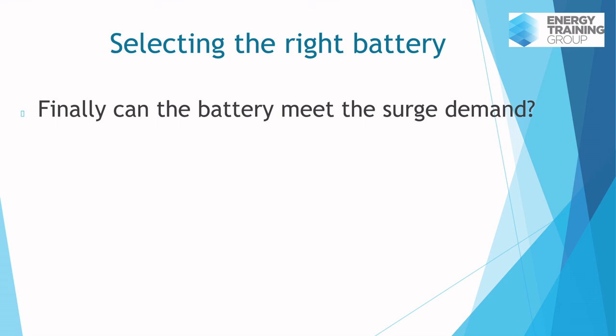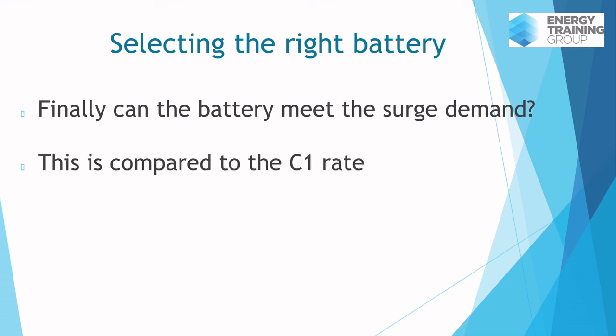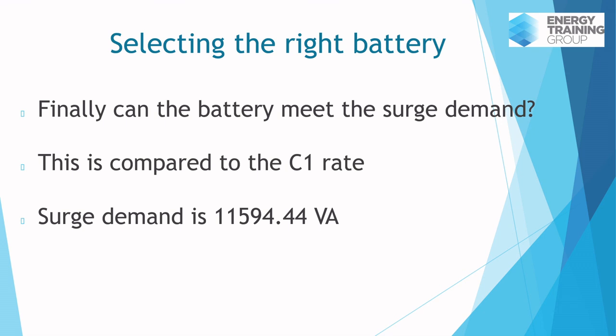Finally, we want to make sure that our battery can meet the surge demand. This is compared to the C1 rate, which is the amount of amp hours that the battery can discharge over 1 hour. Our surge demand is 11594.44 volt amps, or approximately 11.59 kVA. So we do 11594.44 divided by 48, our battery voltage, and we can see we've got a surge demand of 241.55 amps.